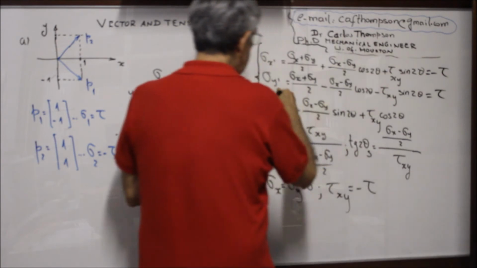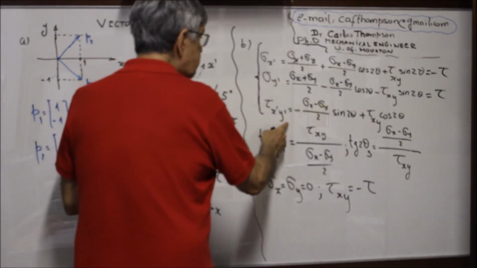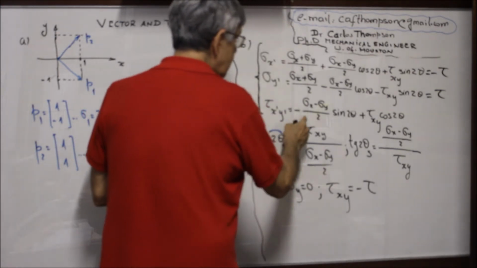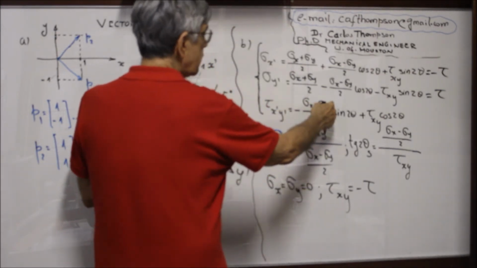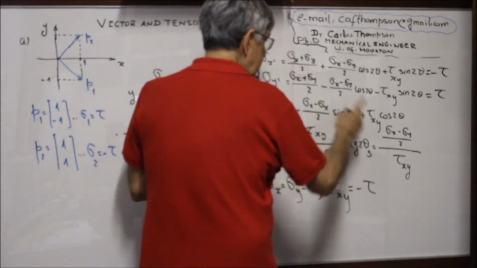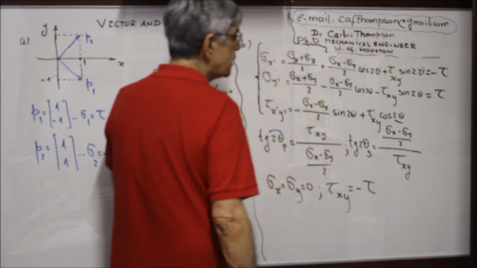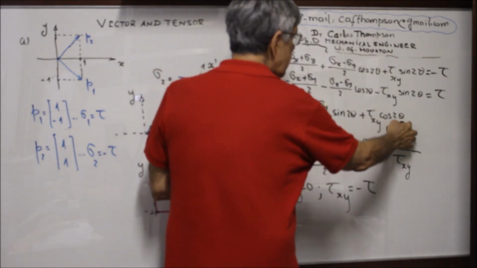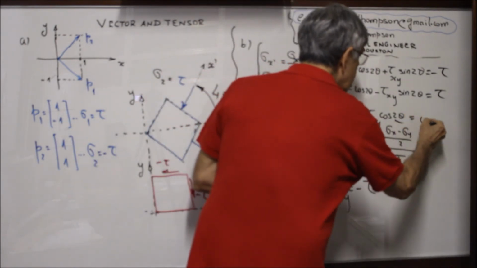So sigma y prime is plus tau. Now, tau x prime y prime. This is 0 because sigma x minus sigma y is 0. Now, attention here, you see, 2 theta is 90 degrees. Cosine of 90 degrees is 0. So tau x prime y prime will be 0.